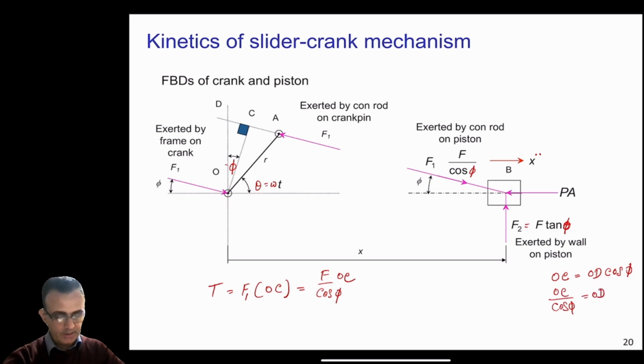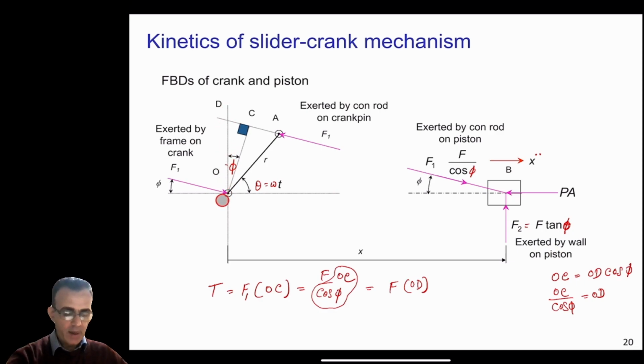So if you replace OC divided by cos phi by OD, the torque will become equal to F into OD here. OD is this distance here, and this is our F now.